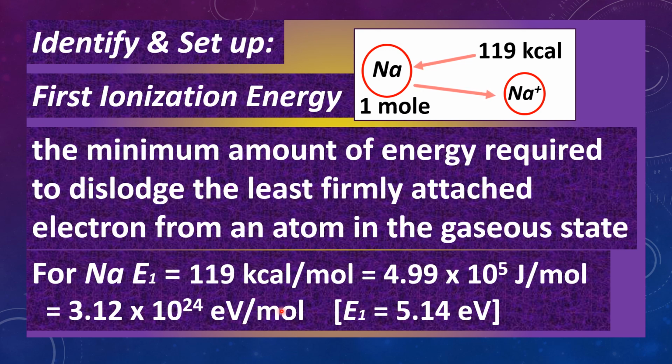So, this means that 119 kilocalories of energy must be supplied to remove the first or the least tightly held outermost electron from each atom in 1 mole of sodium atom.